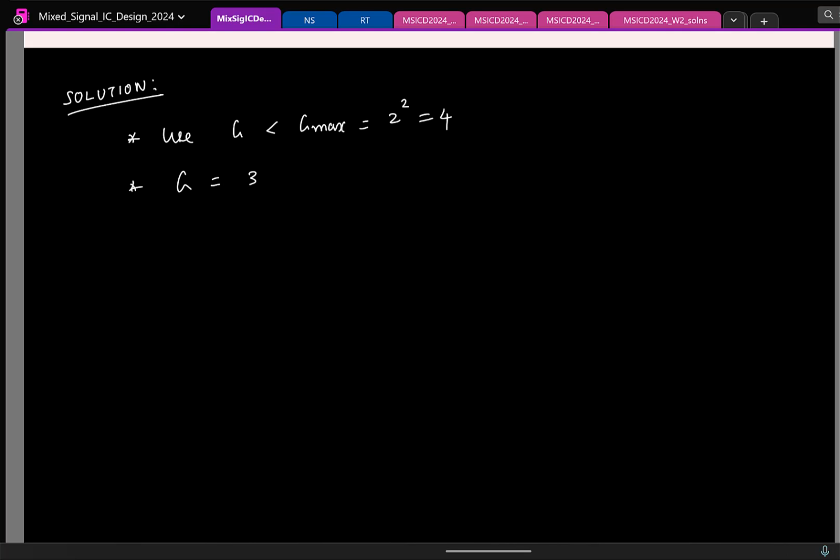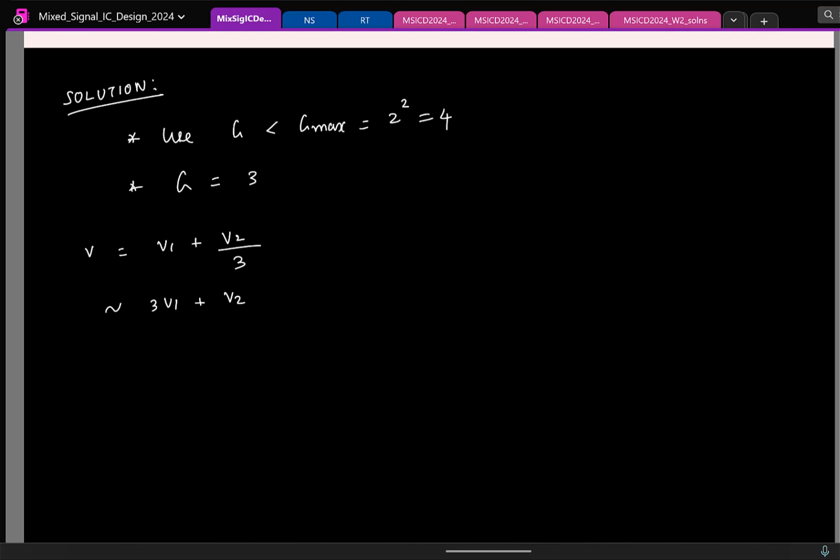Again, this is completely fine, but one minor point with using a gain of G is the following. Remember, the final data you reconstruct as V1 plus V2 by 3, or equivalently I can say 3V1 plus V2. Either of them is fine. Which means I'll have to either multiply or divide by 3, and this is a non-trivial operation. Multiplication or division by what kind of numbers are easy?